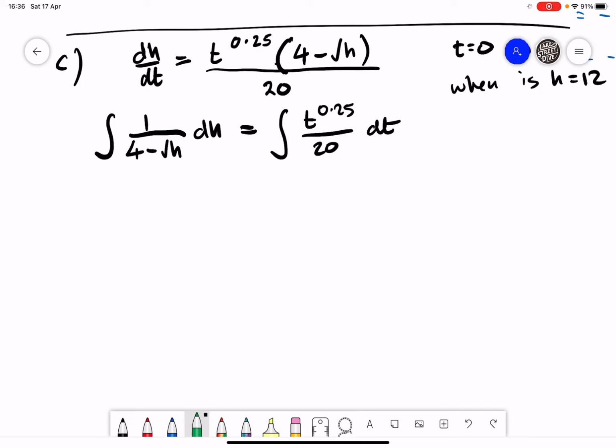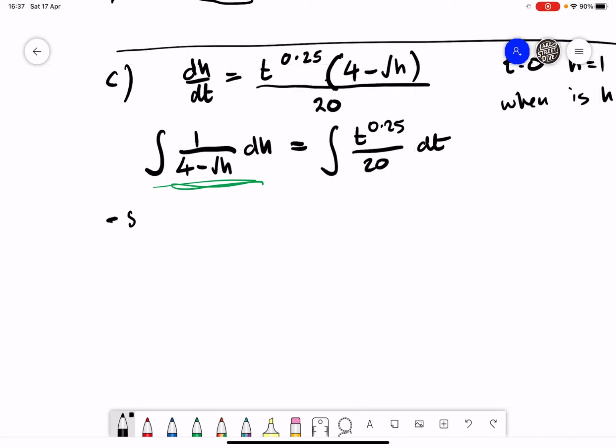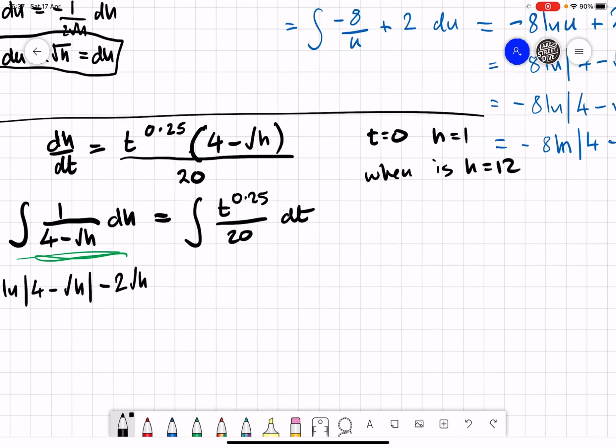Luckily, I've already done this question. That's part A. So we know that that is equal to minus 8 log 4 minus the square root of h, minus 2 times the square root of h, plus some value k. Let's leave that till later.